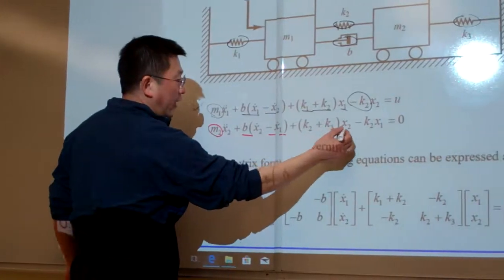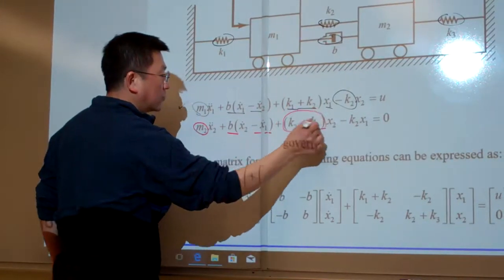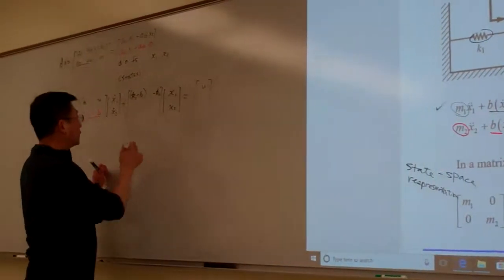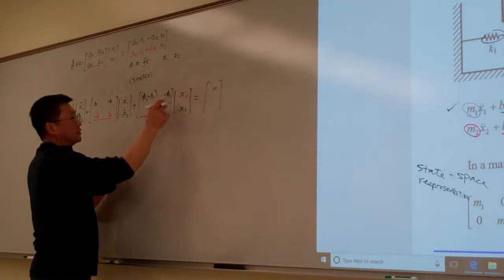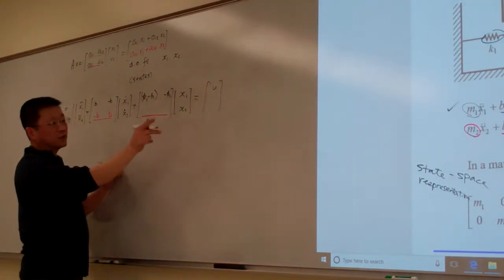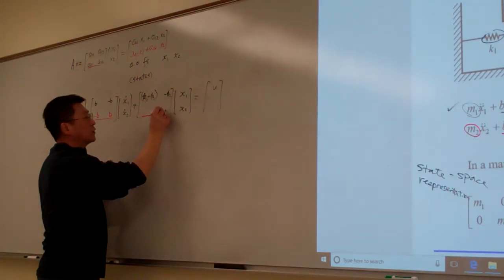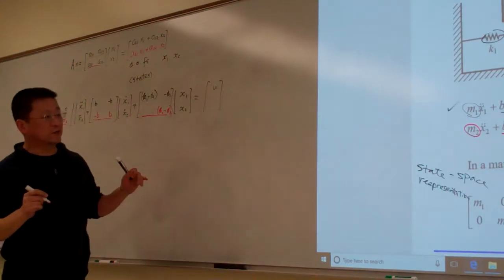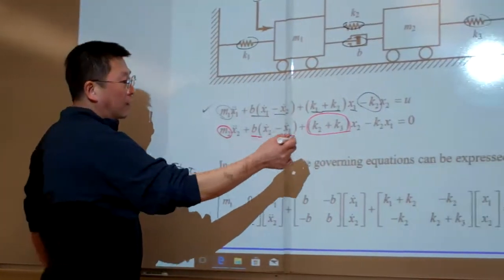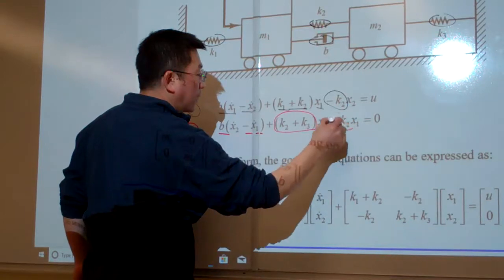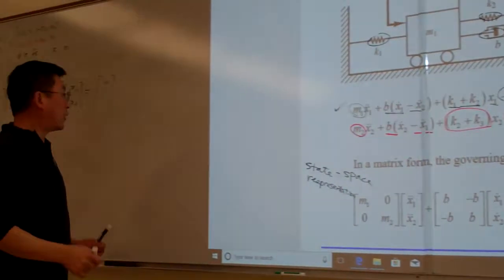And now for x2, it is k2 plus k3. So again, the row multiplied with this must be equal to k2 plus k3 times x2. So k2 plus k3 should go to the second position here. And then for the final one, minus k2 times x1.